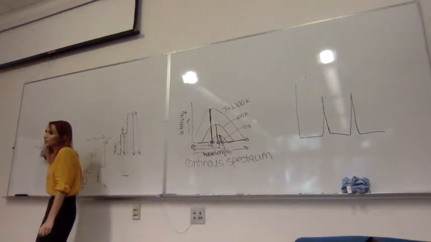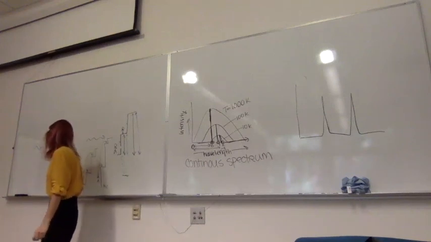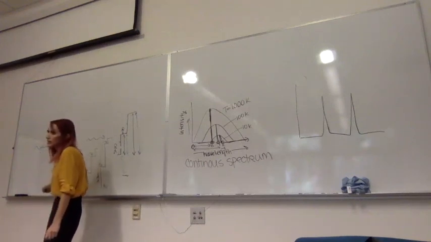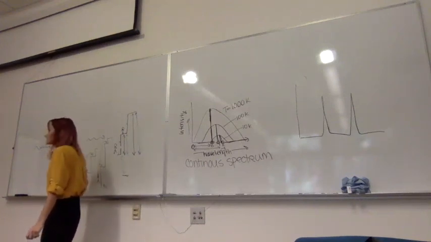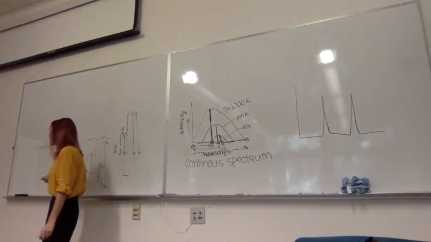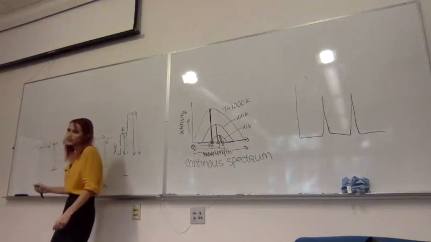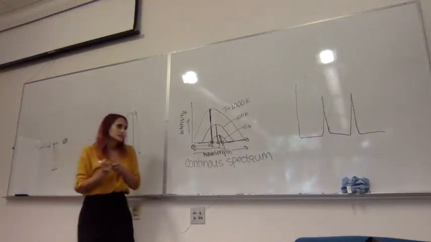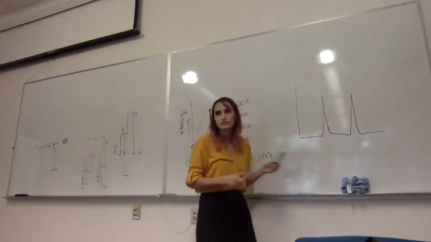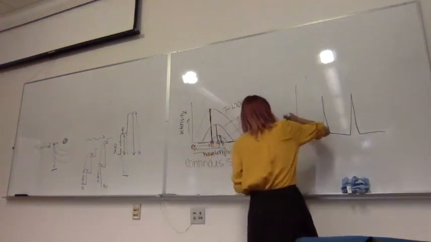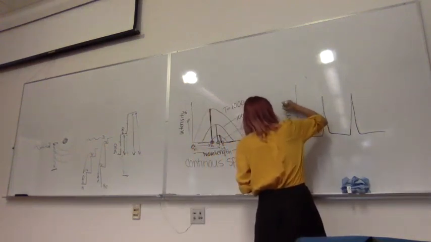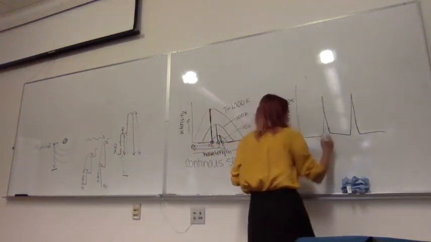If this light has a lot more blue light, then a lot more blue is going to get absorbed and spit back out than green. Or some transitions are easier than others. But as far as the axes of these, this is again intensity and wavelength.